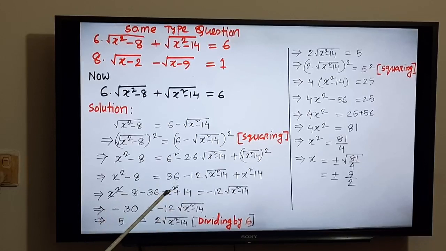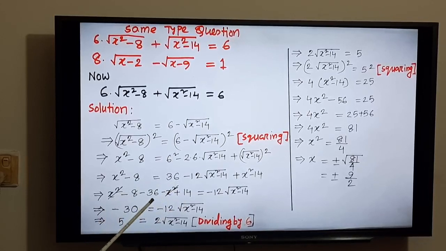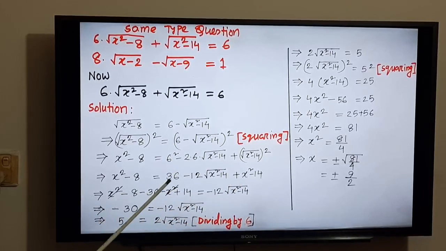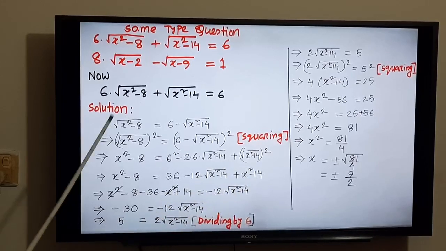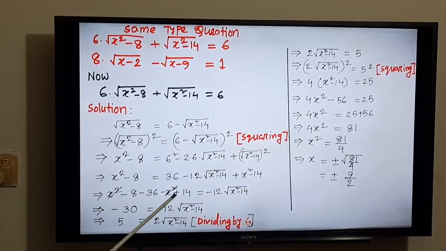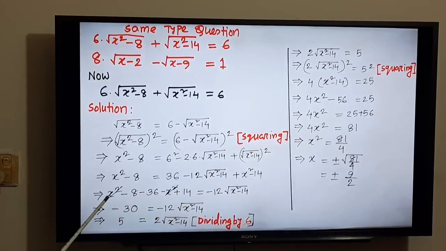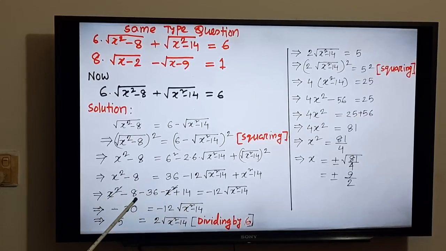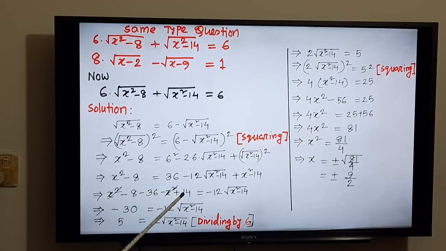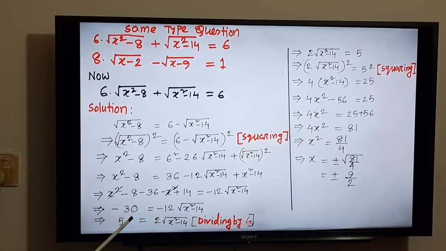So plus 36 will be minus 36, plus x square will be minus x square, minus 14 will be plus 14. Simplify this line. We have x square minus x square, it will be 0, and minus 8 minus 36 plus 14 is equal to minus 30.